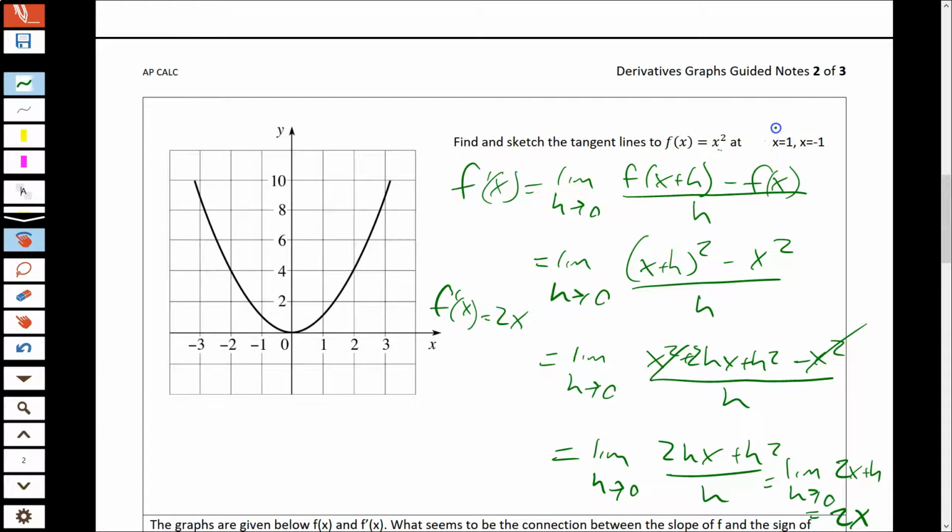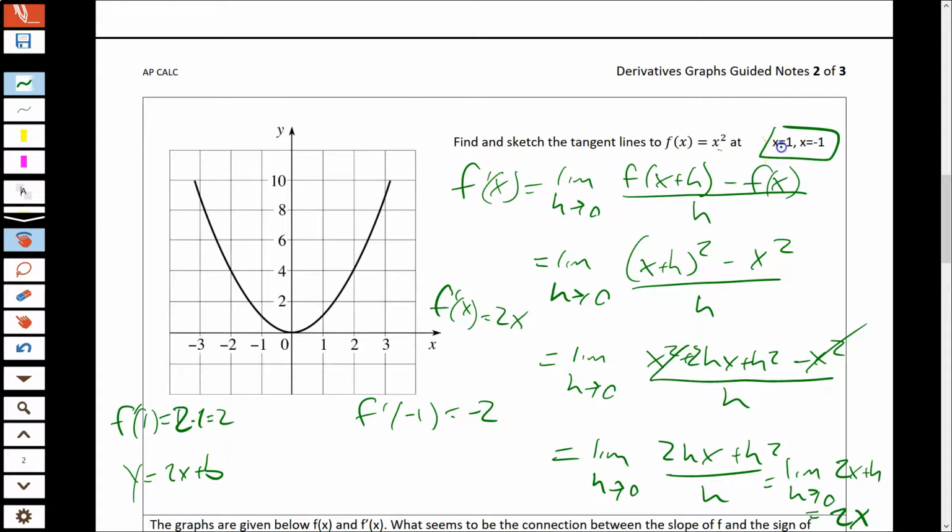So if I want the tangent lines at these two x values, I'm going to go ahead and plug those in, right? So f prime of 1 is going to be 2 times 1, which is 2. f prime of negative 1 is going to be negative 2. And then I need points, right? So y equals 2x plus b, and I'm going to plug in a point.